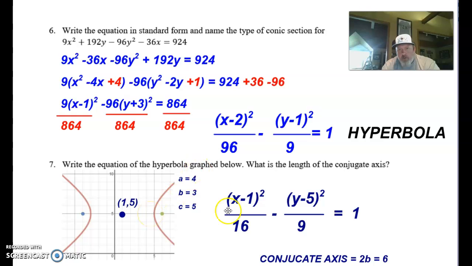And so we know 4 squared is 16. We actually know c was 5. And so because we know a is 4 and c is 5, that allowed me to find b, and b is 3, which is how we know this is 9. Conjugate axis, that's 2b, so 2 times 3 is 6.